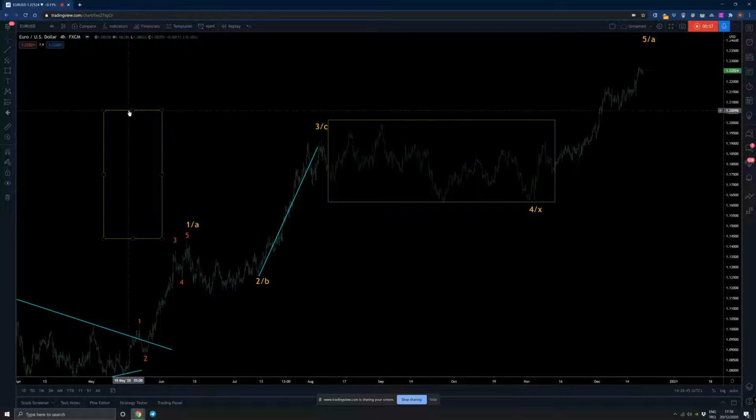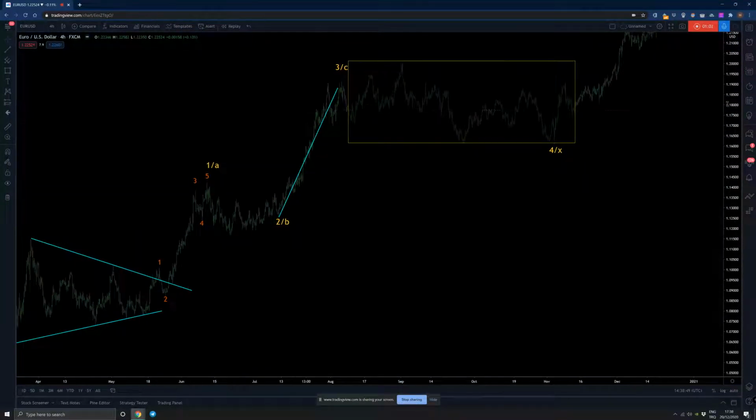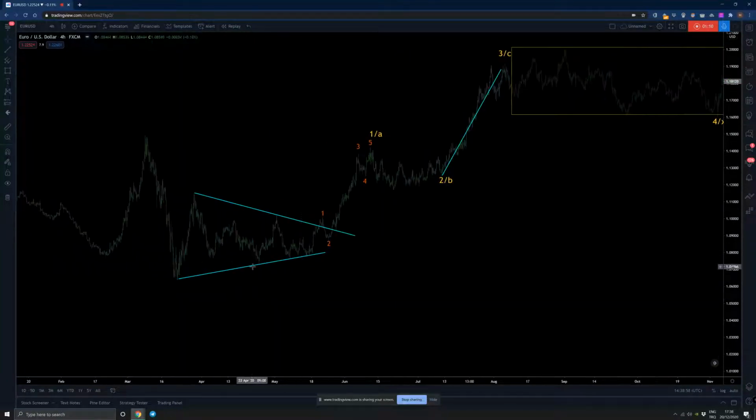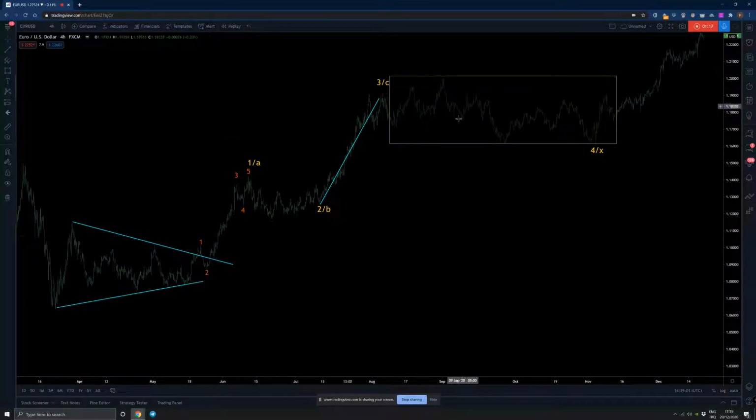Now, this story actually starts from here. This triangle, okay, a triangle. It looks like it happens at the end of a complex correction, and this is a non-limiting triangle. So after the triangle, something starts.